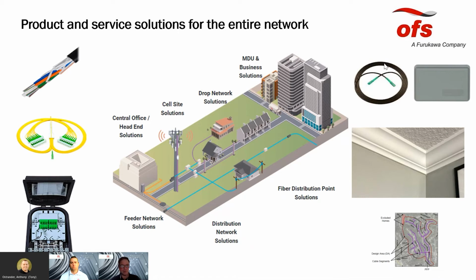The coil here is a product called Easy Bend that's used in houses and different devices that go in the house. If you look also at the picture to the middle of the screen on the right hand side, it looks like molding, but that's actually a fiber deployment that uses a product called Invisalite, which is a very low visibility fiber that is used for residential MDU type deployments.